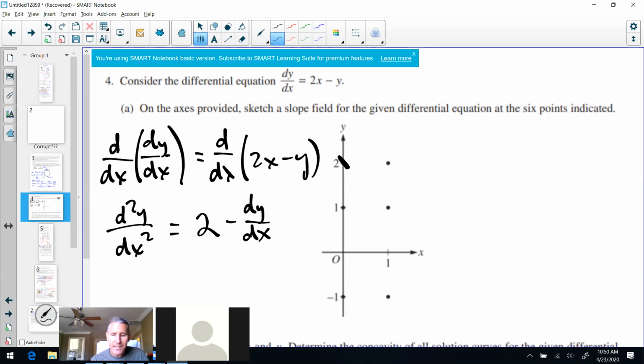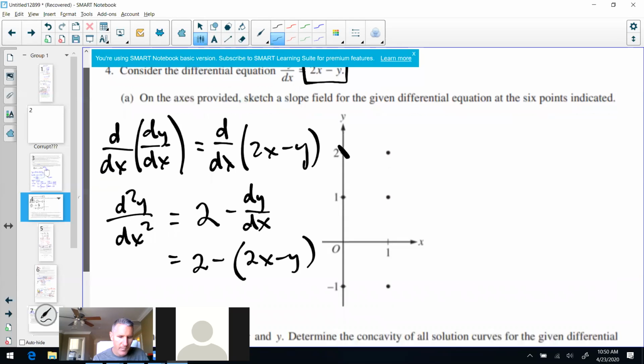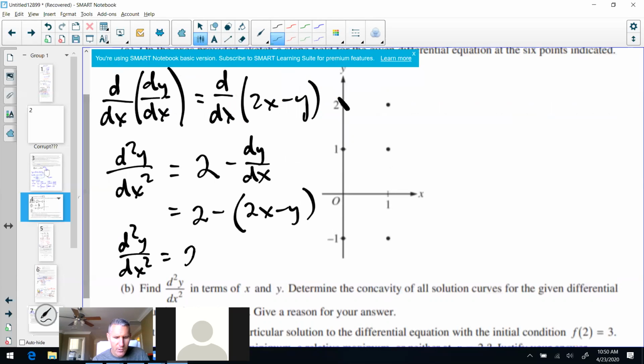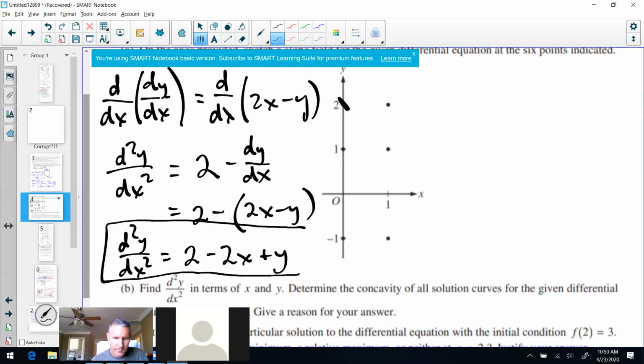But dy dx was given to us as 2x minus y, so this is equal to 2 minus quantity 2x minus y, also known as the second derivative of y with respect to x is 2 minus 2x plus y, okay? So I've now found the second derivative in terms of x and y.